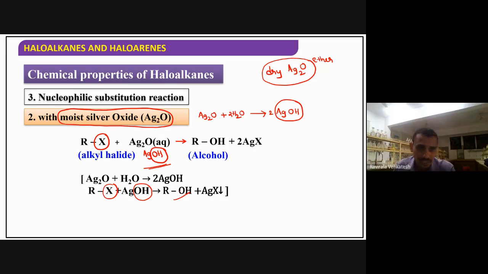Understood? Are you having any doubts regarding aqueous KOH and moist silver oxide giving the products here? How do we write the product? For example, CH3CH2Br with moist silver oxide.